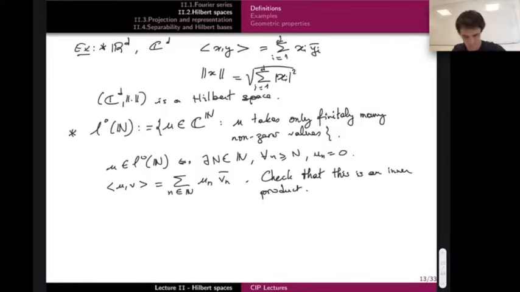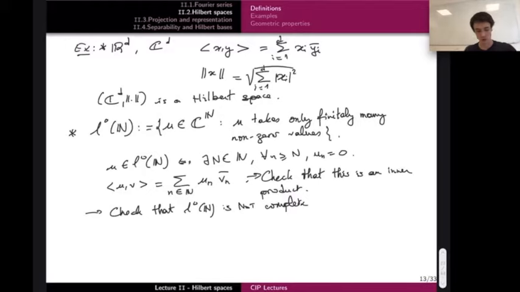And in fact, I will give you a way to do it, but check that L0 of N is not complete. So of course, not complete for the distance or the norm induced by this inner product.